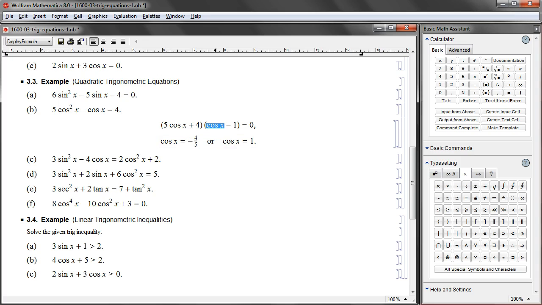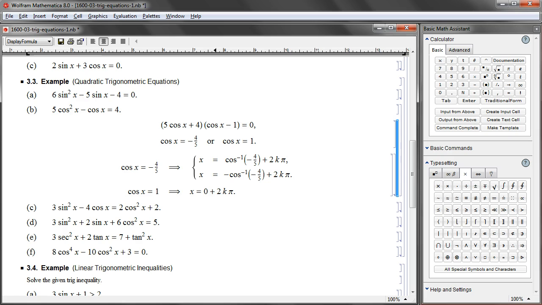Taking the second factor equal to 0, we get cosine of x is equal to 1. Now from this one, you can take arc cosine of negative 4/5, and negative of that is also an answer. And you can do the same thing here. Arc cosine of 1, which is 0. Negative of 0 is 0.